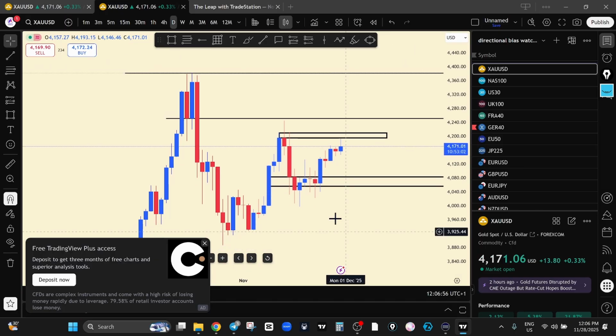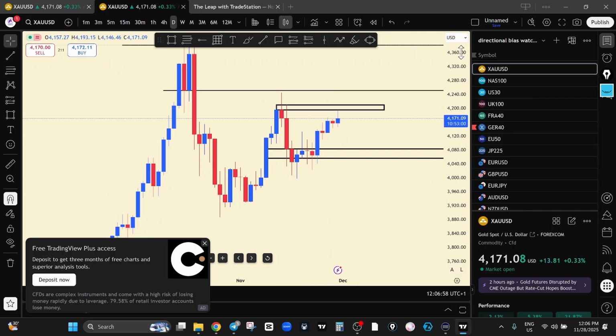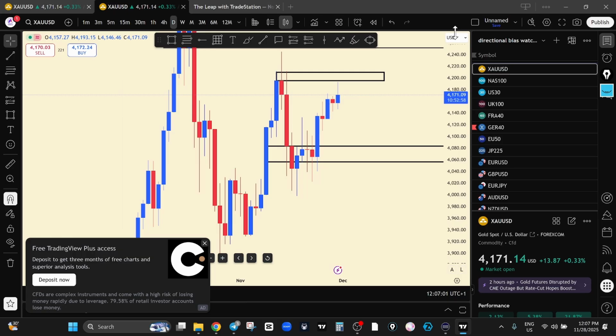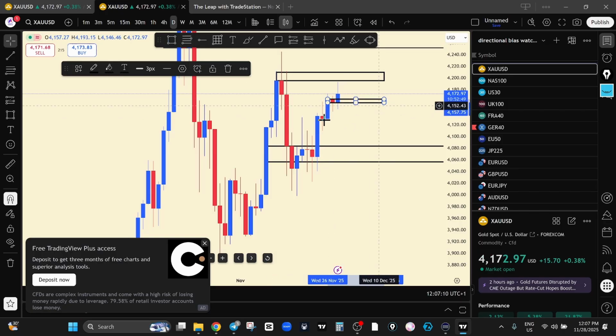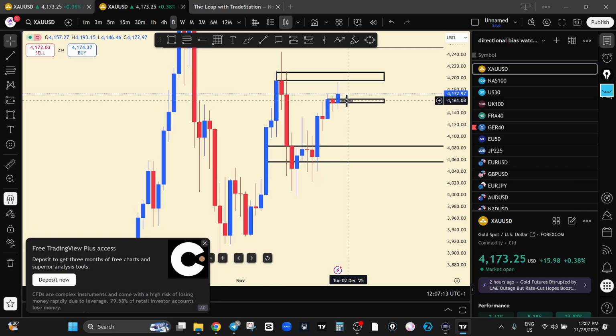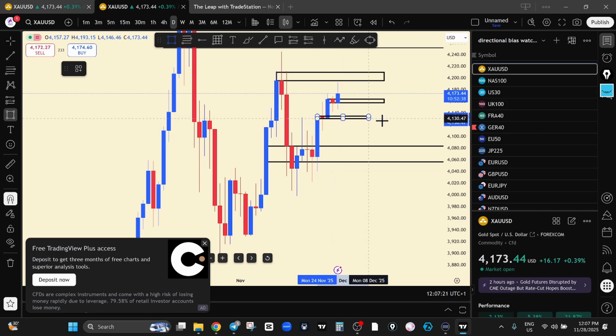Okay, so what I'm expecting today is if market closes with a bullish candle, I have this area to start looking for my trades to push price higher, and if it rejects and probably closes below with a bearish candle, this will be the level I'll be looking at. Simple as that.